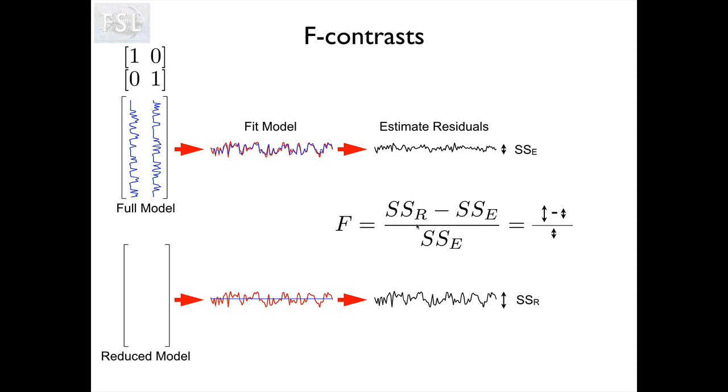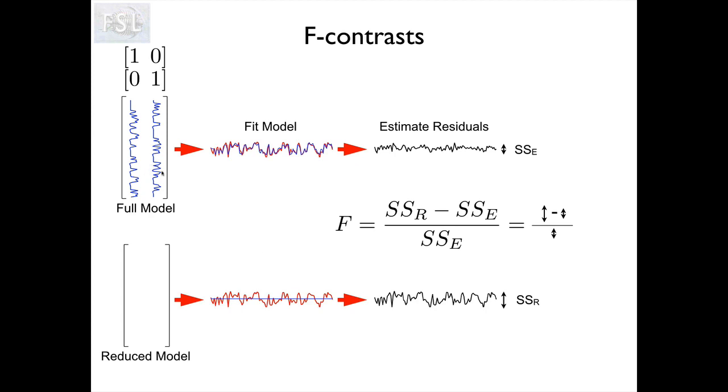If you think about this, it's quite intuitively clear that if these two regressors are able to explain a lot of variance in the data, then there is going to be a big difference in the explained variance depending on if you have them or not.